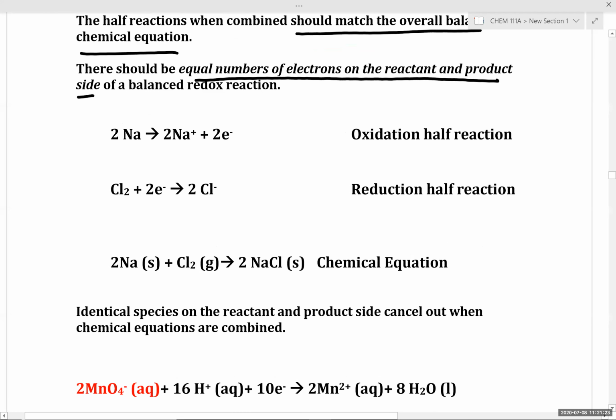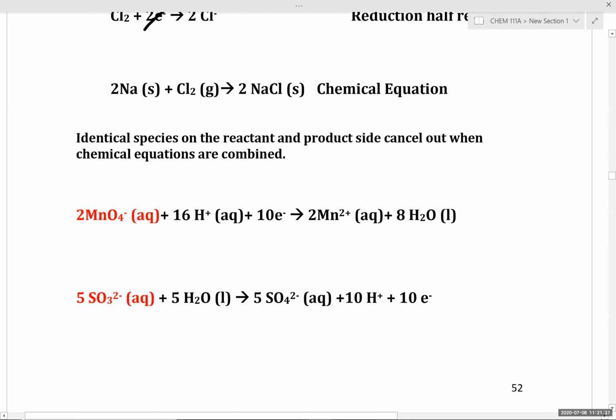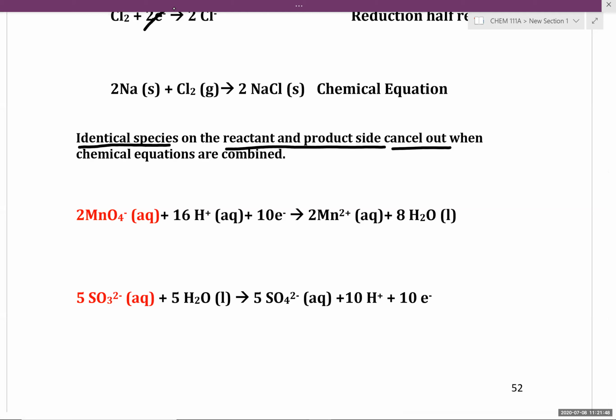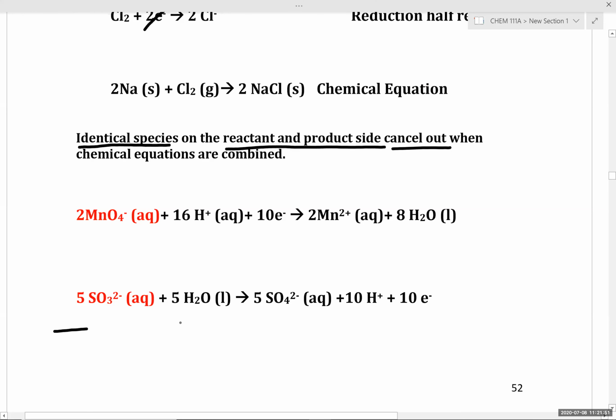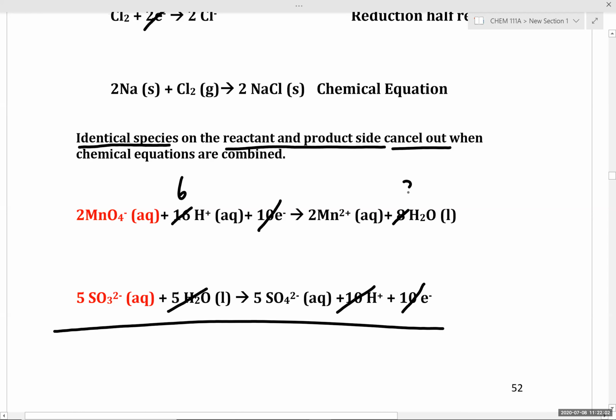So for example, if we have our oxidation and reduction half reaction, we have 2 electrons on each side, so our 2 electrons cancel. Similarly, if you're combining 2 redox reactions together, identical species on the reactant and product side will cancel out when you combine your chemical equations. So for example, if you combine these 2 equations, your 10 electrons cancel. You can also cancel 10 H plus from each side and 5 water from each side.